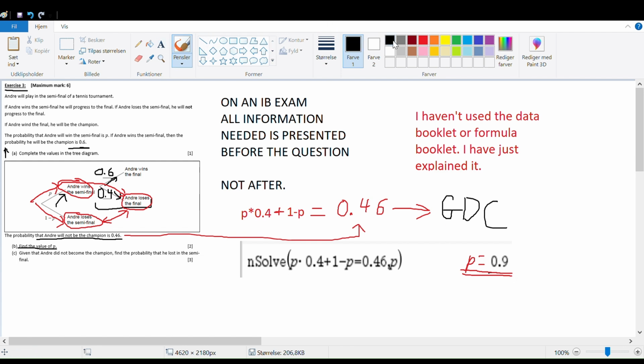It is possible to use the data booklet for some of these, but the problem is that at the end of the day, you're going to see this exact same equation sooner or later. It's just a question of, can you explain it yourself, or are you going to find a data booklet explanation? I find it very complicated to remember the data booklet and formula booklet explanation, and I've never found it useful.